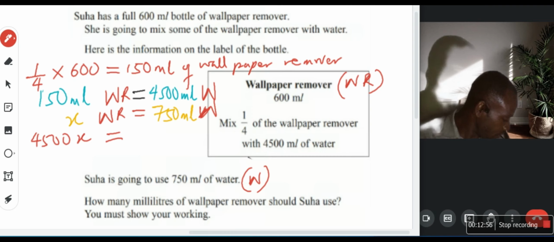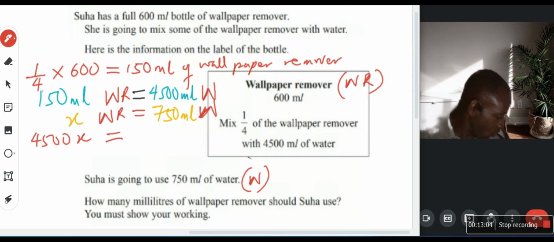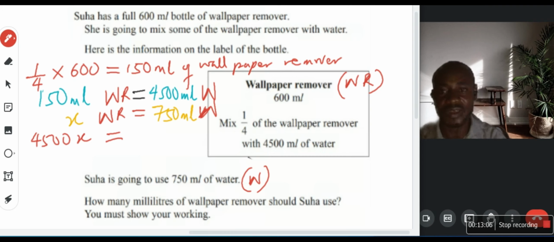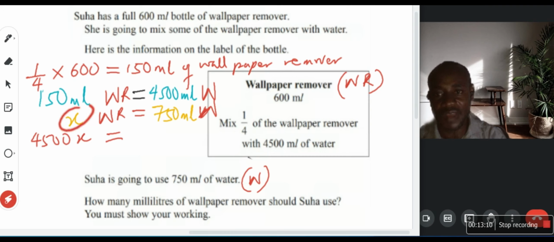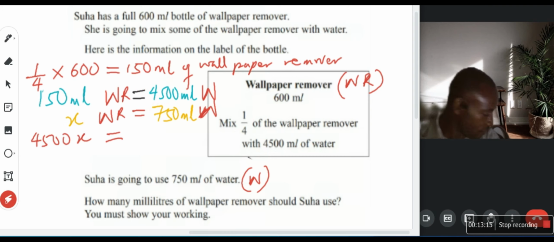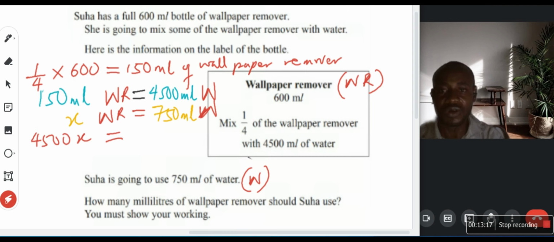Now 150 times 750 gives 112,500. What I did, X times 4,500 gives 4,500 X. So 150 times 750 gives 112,500.